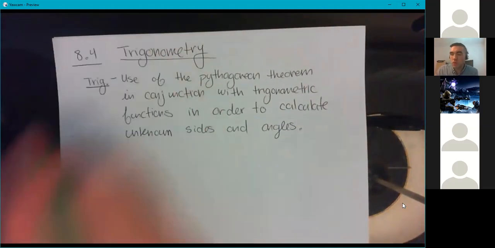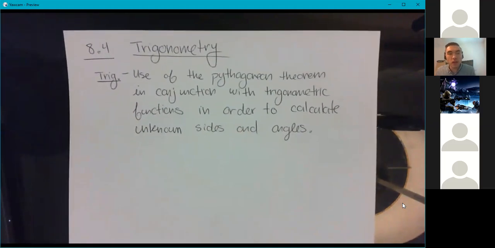What this whole skill is, it's using the Pythagorean theorem alongside trigonometric functions, which are going to be the new functions we learn about today, in order to calculate the unknown side lengths and angle measurements of right triangles.